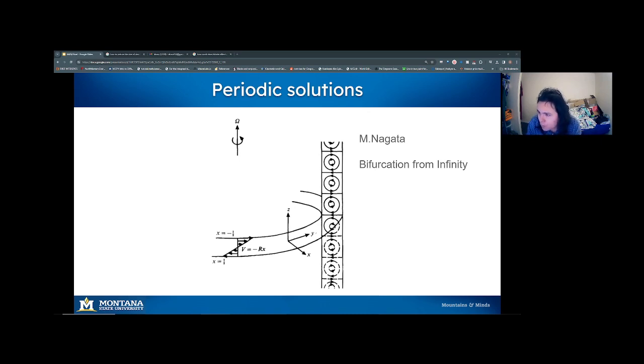So what Nagata was able to do was somehow analyze this and come up with something very fancy called bifurcation from infinity, where somehow he escaped the issue of arbitrarily high Reynolds numbers not leading to any turbulent behavior.